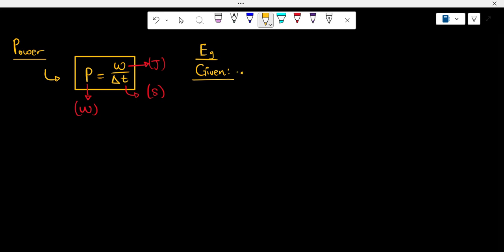The first thing that we're given, let's say, is the mass of an object. They say a certain object has a mass of 10 kilograms, for example, and we are also given the fact that this thing is at a height of 2.2 meters, or 2 meters to avoid the whole decimal thing.